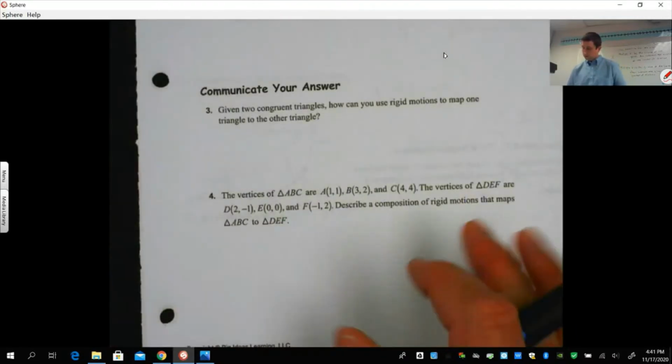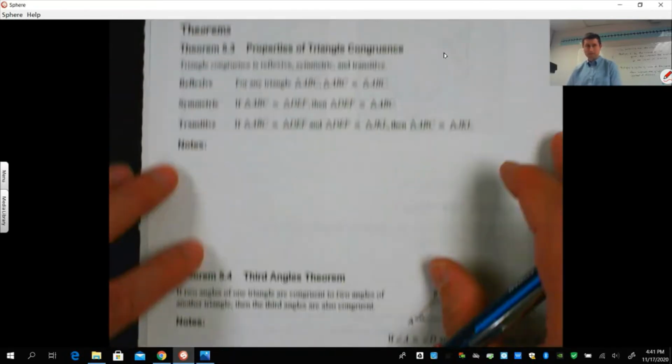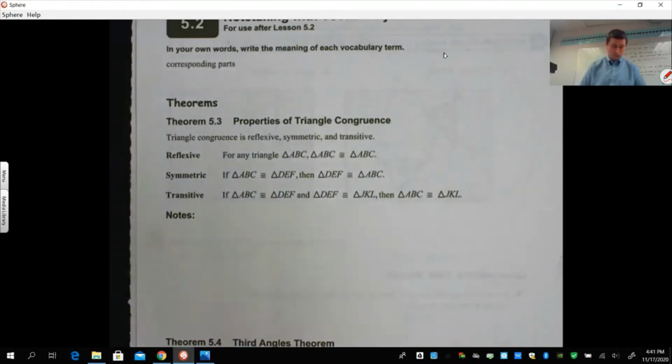Okay, we're going to jump over to page 130. Our vocab here is corresponding parts.